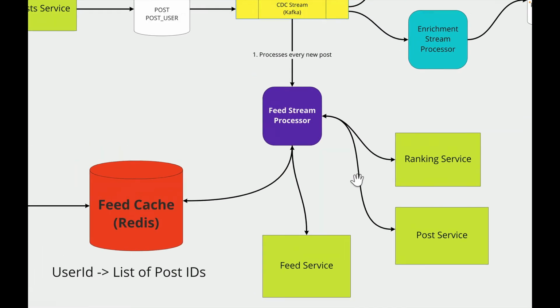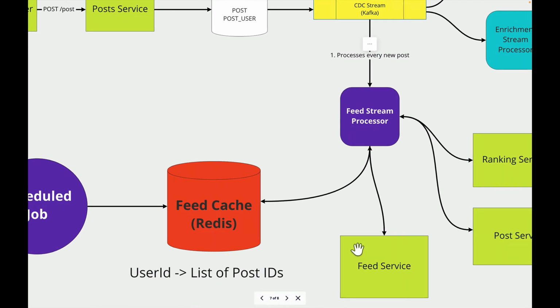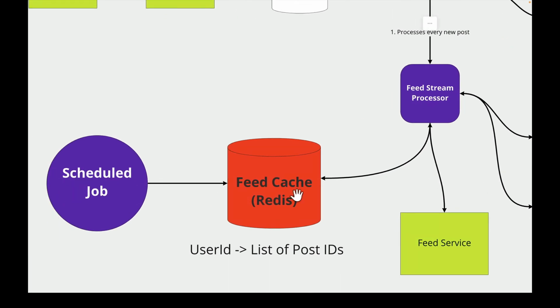Essentially, what it's going to do is figure out who should be shown this post that a user just created, form the whole feed of those users, and then store the user to post mapping in this feed cache.